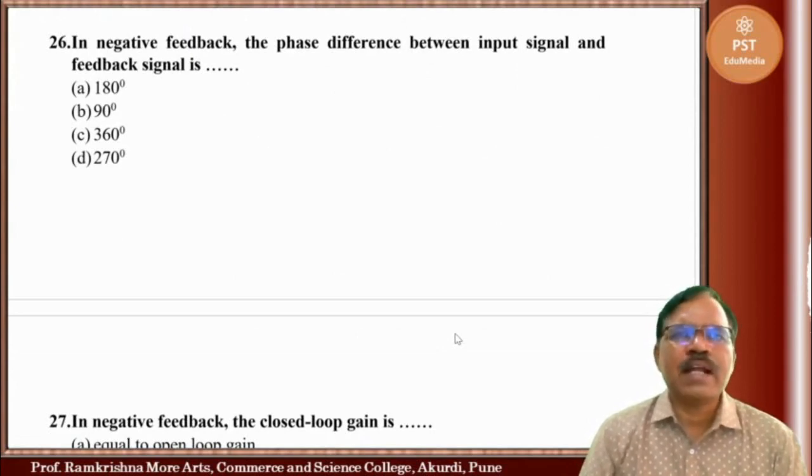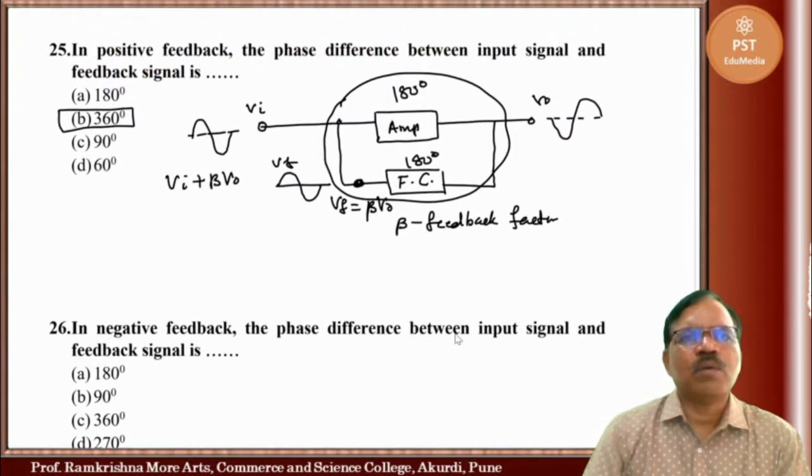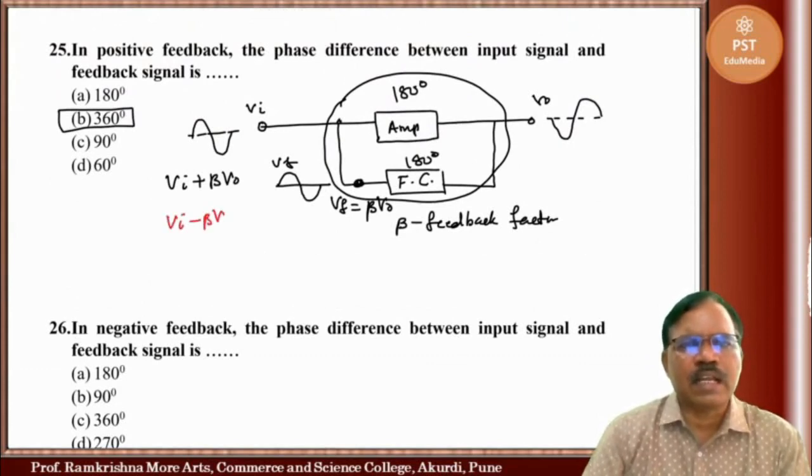In negative feedback, the phase difference between input signal and feedback signal is. So for negative feedback, as we have seen, Vi minus beta times V0. So it must be like this.